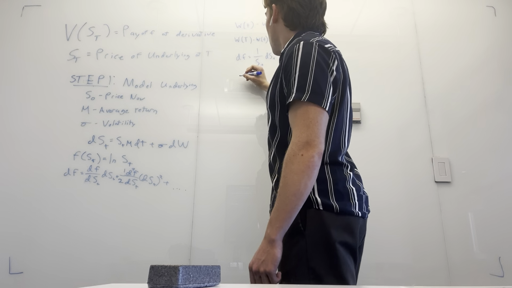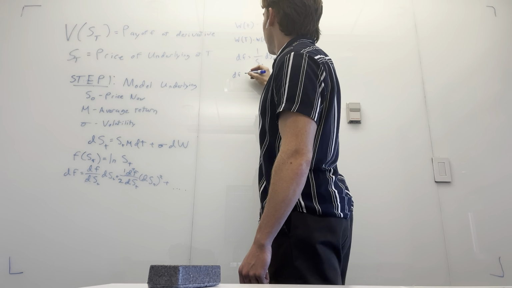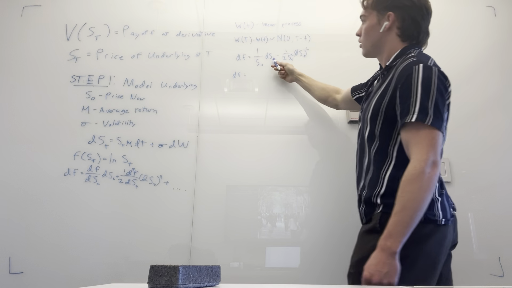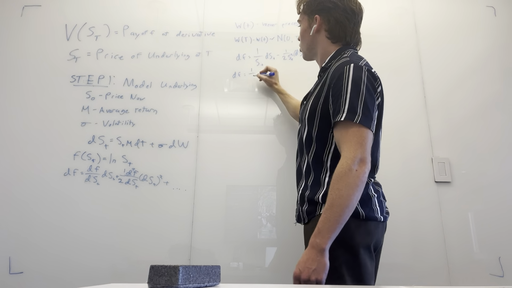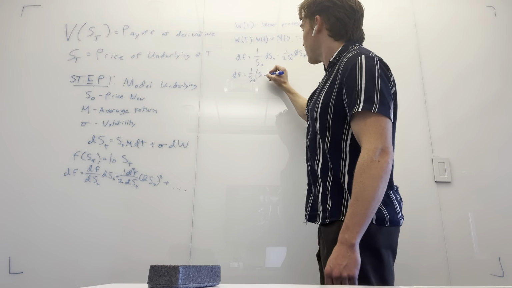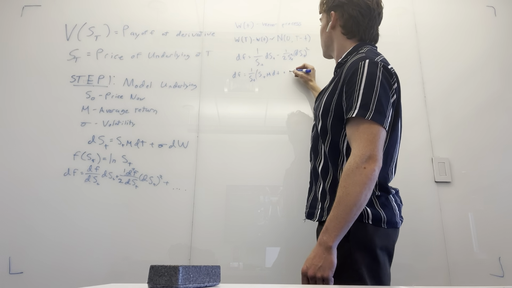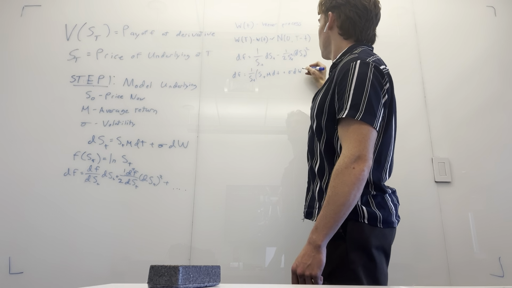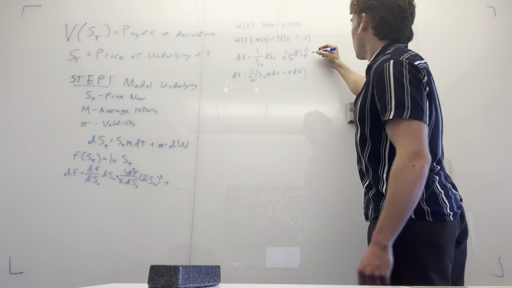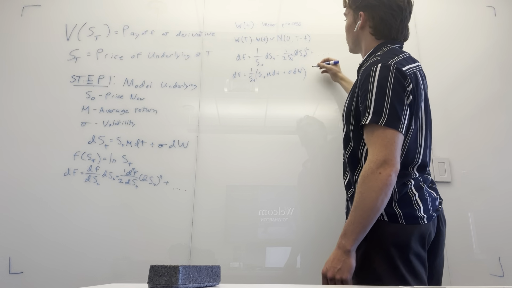So let's do that, and we get df equals 1 over St, and we're going to plug in St mu dt plus sigma dW, and then this is plus, there's other terms here, but we're ignoring them.